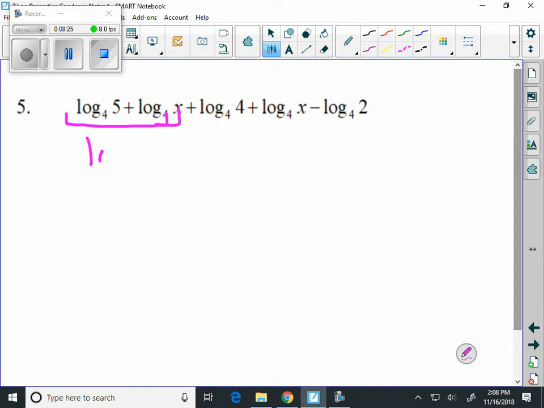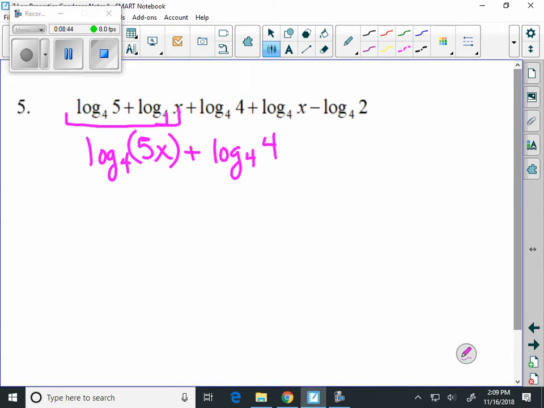So this is going to become log base 4 of 5 times x. And technically I need the parentheses there. The next term in the problem is plus log base 4 of 4.